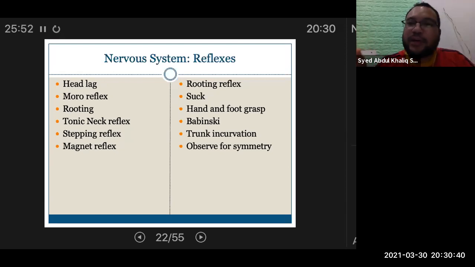And always remember, development will follow corrected gestational age. Development follows corrected gestational age. Vaccination follows chronological age. Do not follow corrected gestational age. Weaning with feeding also follows chronological age, not corrected gestational age.